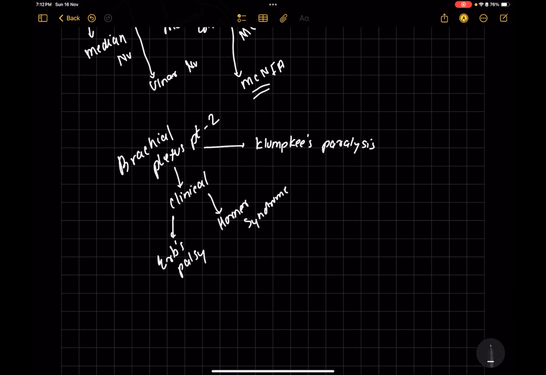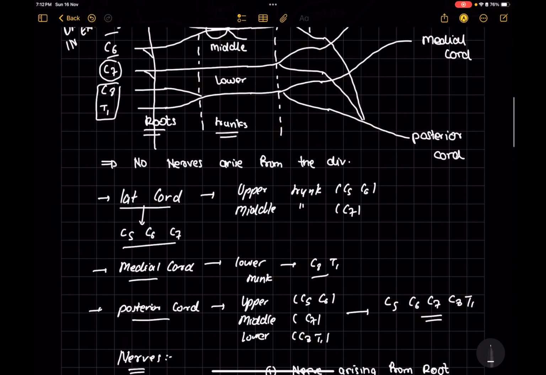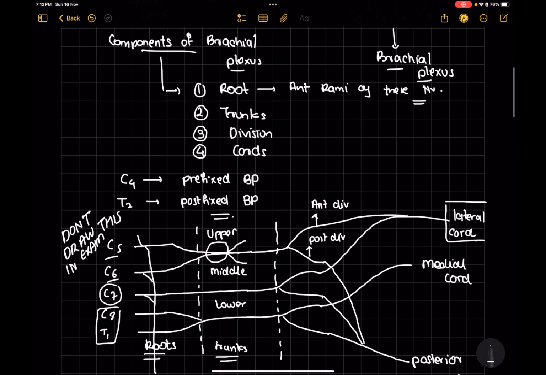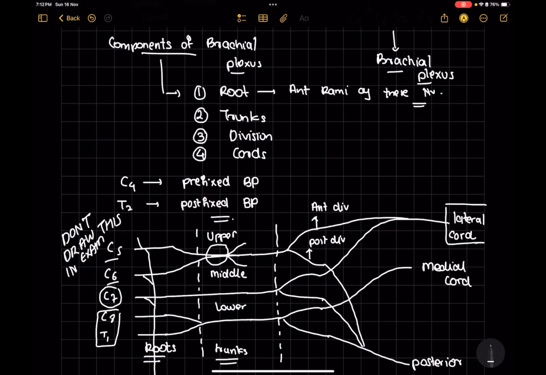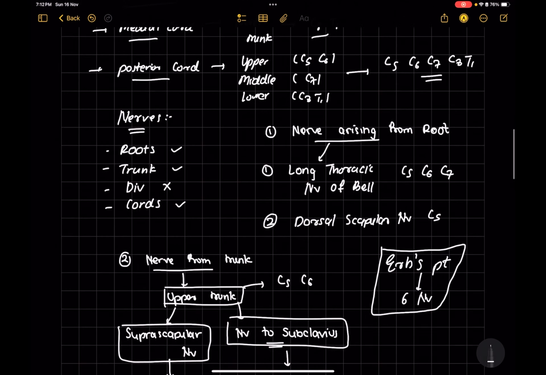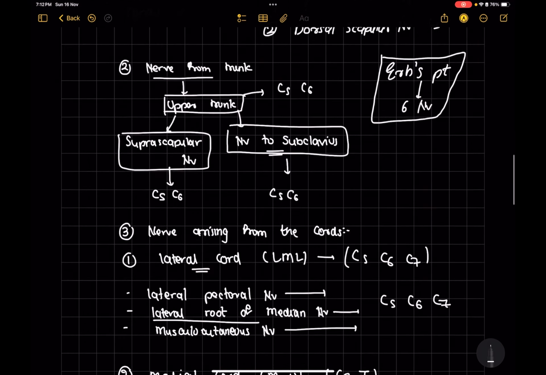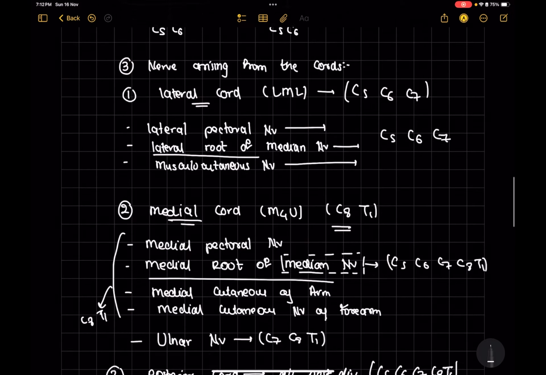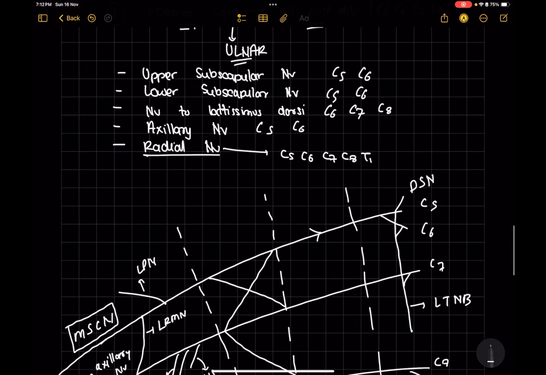So till then, please master this portion. If the brachial plexus is cleared of fat right now in your dissection table, first see this topic and then go to your dissection hall and try to identify the nerves.